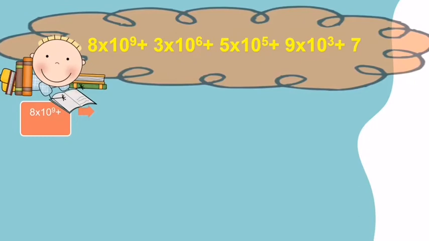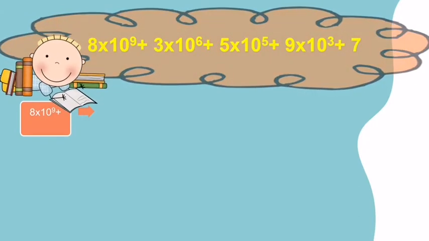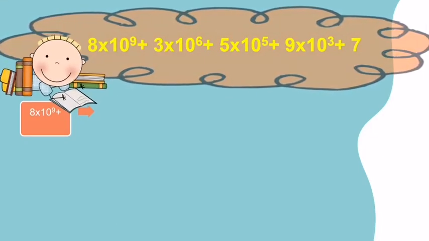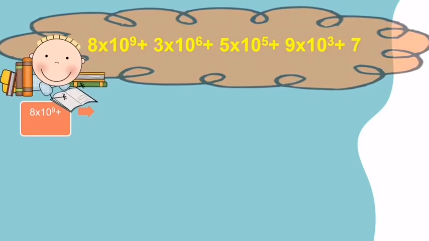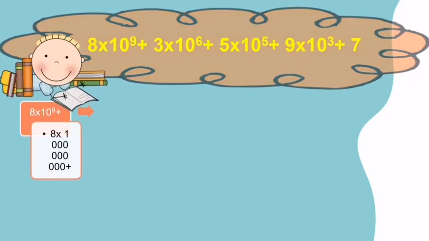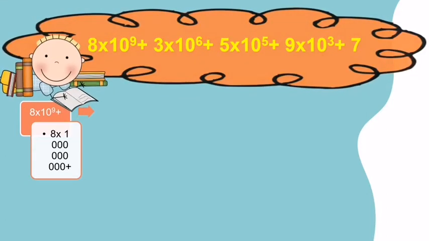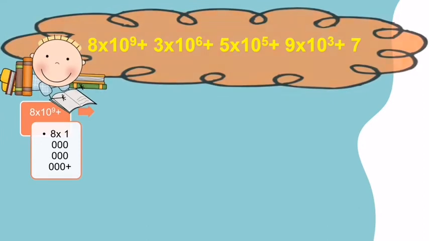And as you can remember in our previous video, if it is a power of 10 and your exponent is 9 or any other whole number, the number of your zeros also depends on your exponent. So that will become 8 times 1 billion because you have 9 as an exponent. You also have here 9 zeros.